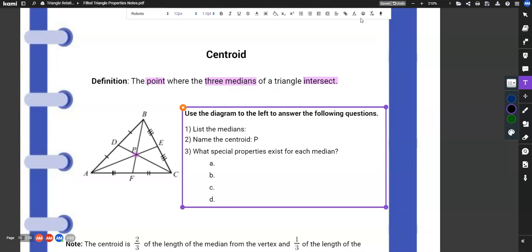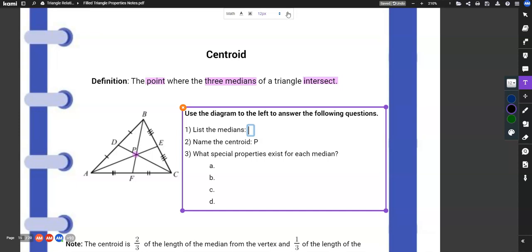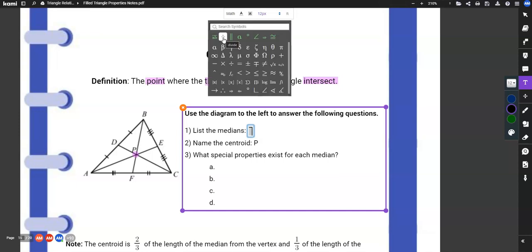So these are going to be segments. So I'm going to use my formula tool. So we have segment BF. We have segment AE. And we have segment CD or DC.